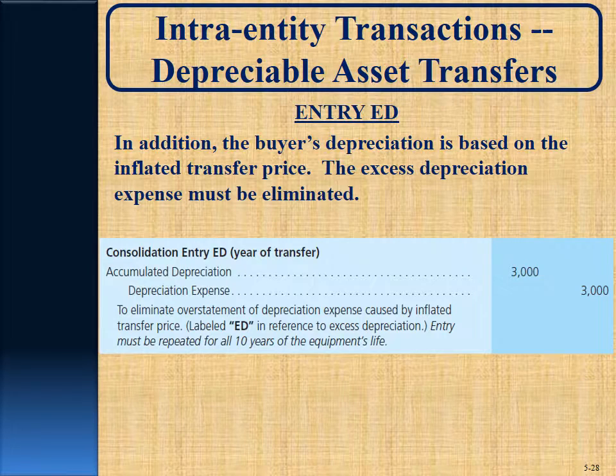Now, in addition, the buyer's depreciation is based on this inflated transfer price. The excess depreciation expense must be eliminated. There should only be depreciation expense in consolidation as if the sale never occurred. We said the parent, Able, was recording $6,000 in depreciation each year.